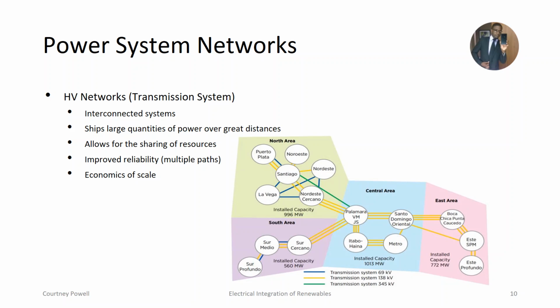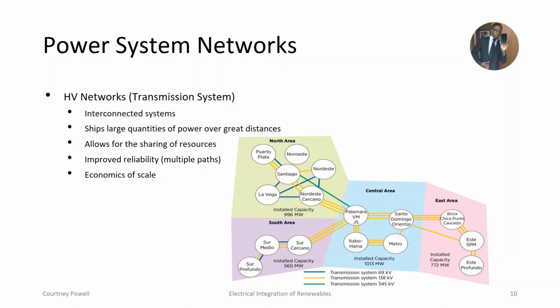It allows for the sharing of resources, so you could have multiple generating resources, different types of resources, wind, solar, thermal plants, hydro, connected to a large transmission system, and therefore sharing that single resource, which is the transmission grid, right?